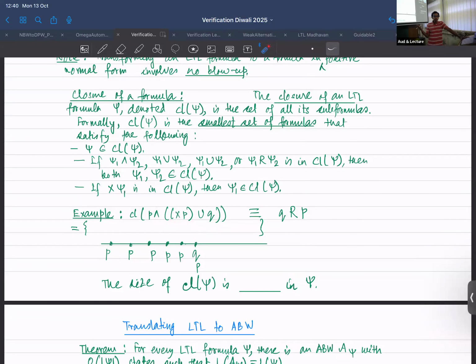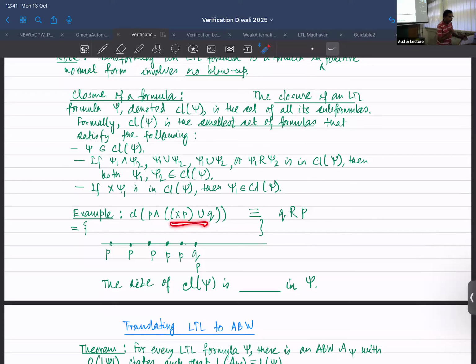XP until Q holds true means either you have Q here which is holding true, or if that is not the case, then XP has to hold true, meaning P has to hold true, and in the next position again you have XP until Q. So P is true here, then in the next position I can have a P, but then I also need to see a Q at some position.